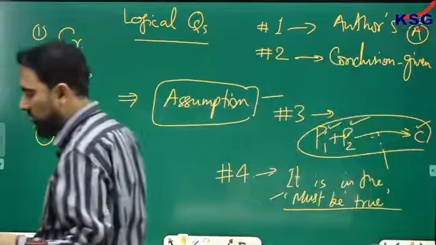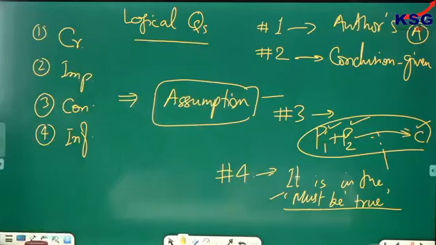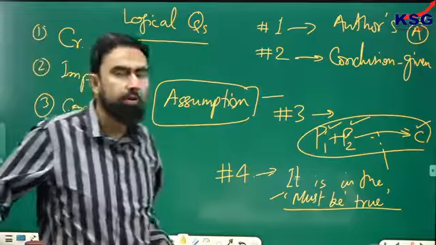It is in the must be true category, not may be true category. So you are supposed to choose an answer that must be true for the argument to hold. Cannot settle down with an option that is a possibility only. So these 4 points you have written.